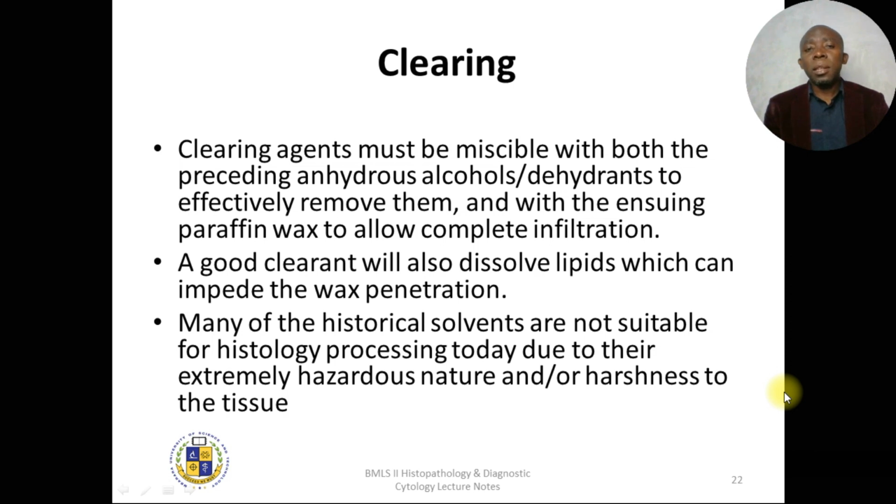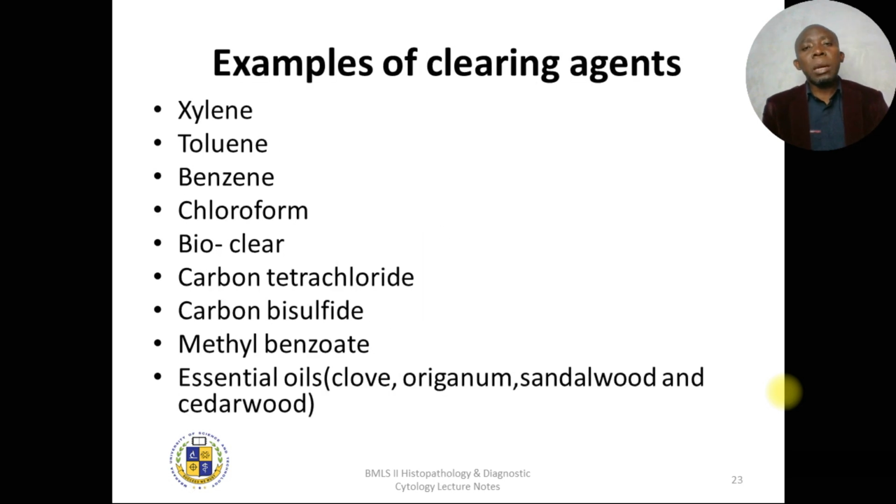So xylene is the most commonly used because it is less hazardous, less poisonous, and just like we looked at with the dehydrant, it is readily available and easy to get. Examples of clearing agents, we have a long list here, with xylene at the top being the most commonly used.